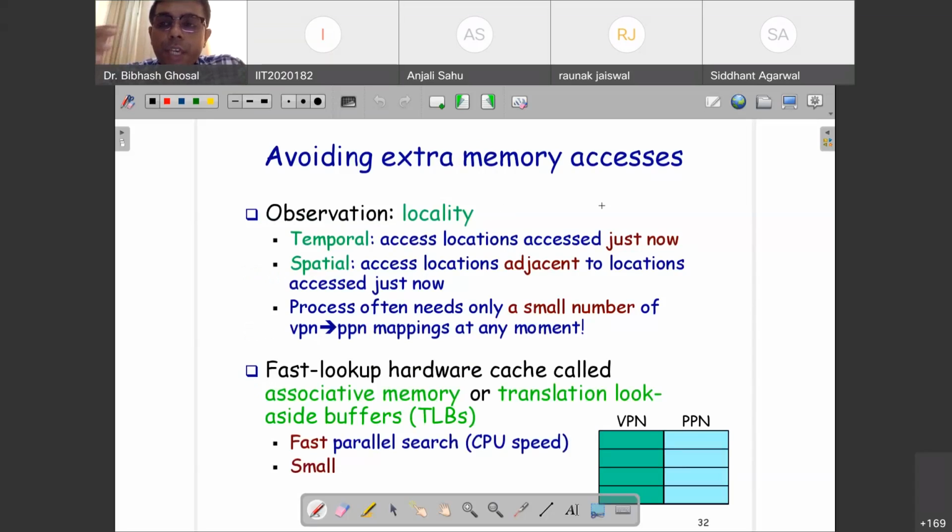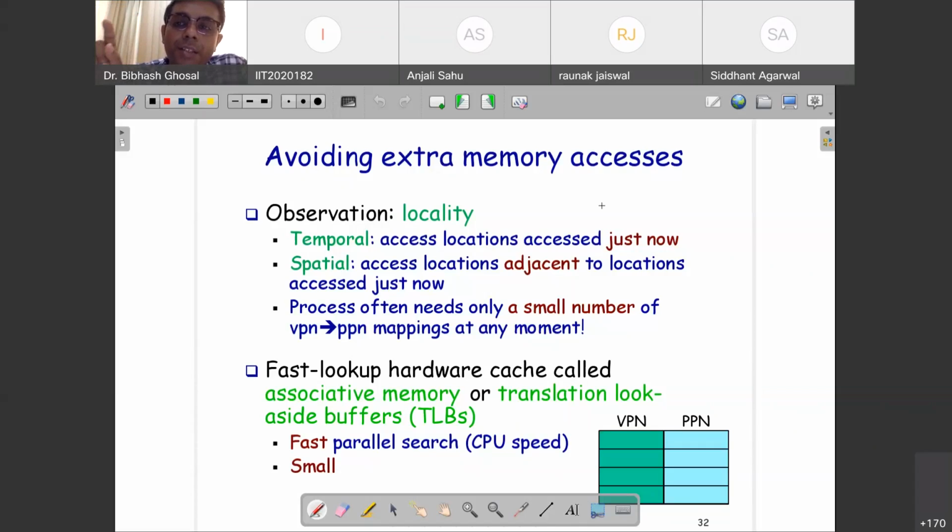If you increase the hierarchy of the page table, previously one page table was in one physical memory. If you split that into outer and inner, both of them will be in the same physical memory. So the moment you keep on increasing the hierarchy, you are keeping them in the same memory.